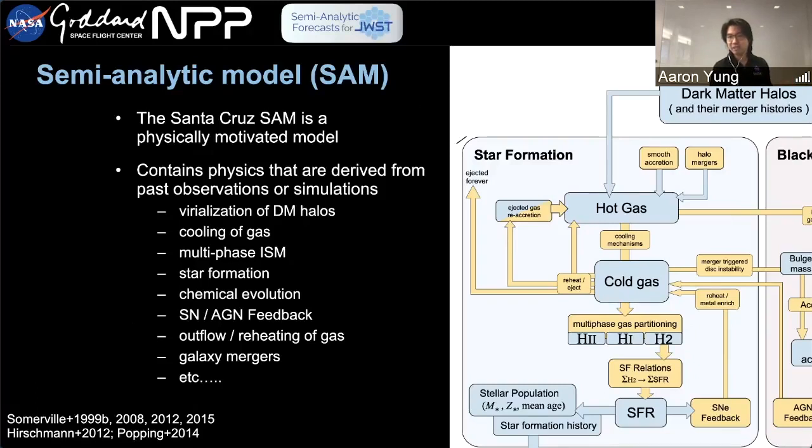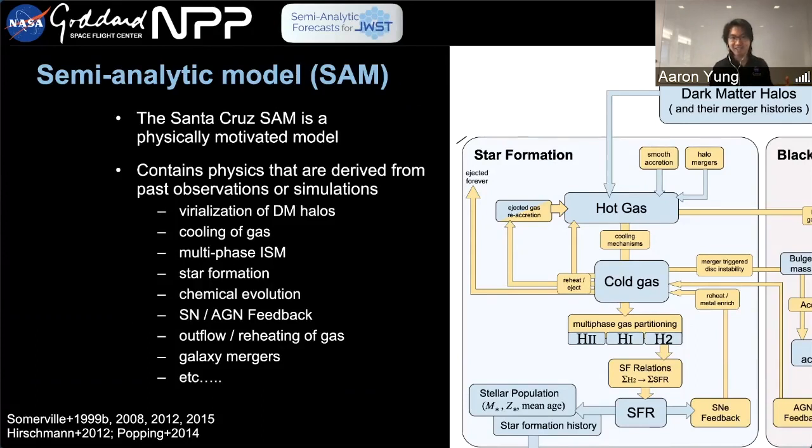Then the molecular phase is used to track star formation rate, and that outputs the star formation history that we interface with a synthetic stellar SED model that gives you all the photometry that you play with in a bit. The star formation rate also gives us the stellar mass of the galaxies and the stellar feedback that goes back to reheat the cold gas, and sometimes it kicks out a portion of the cold gas. The gas will be ejected, and some of it gets reheated and becomes hot again and waits to be cooled again. So the SAM includes many more other processes.